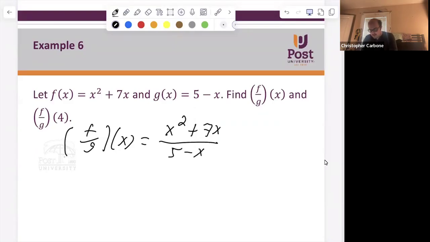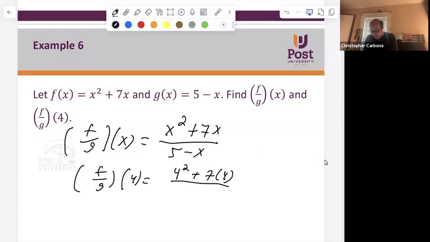We could factor an x in the numerator, but it's not going to reduce anyway, so I'm not going to write that out. And f divided by g of 4 makes 4 squared plus 7 times 4 divided by 5 minus 4. So doing that gives us 44 divided by 1, so 44.